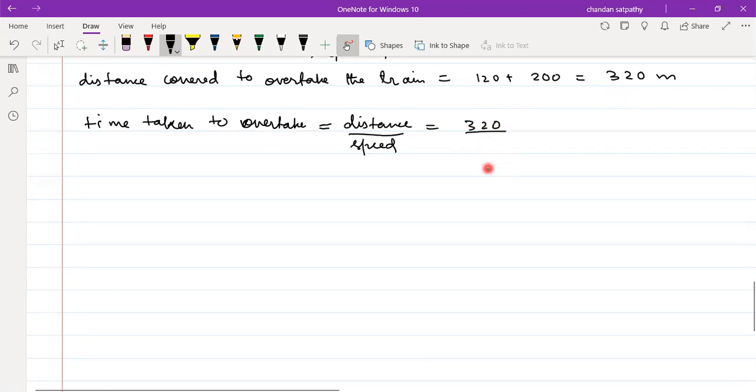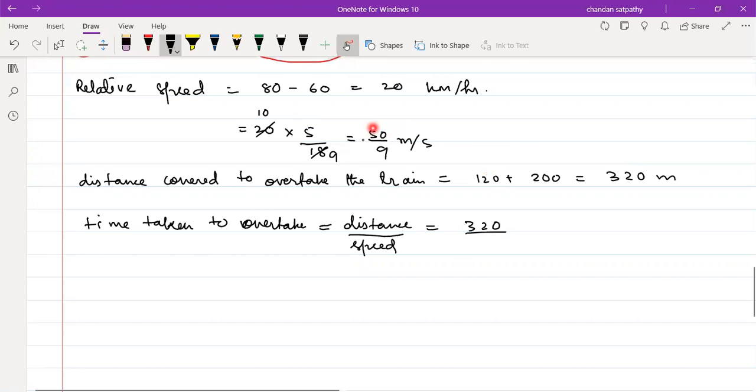And by relative speed, what is the relative speed you see? The relative speed is 500 by 9, sorry, 50 by 9. So it will be 320 into 9 by 50. So zeros cancel.